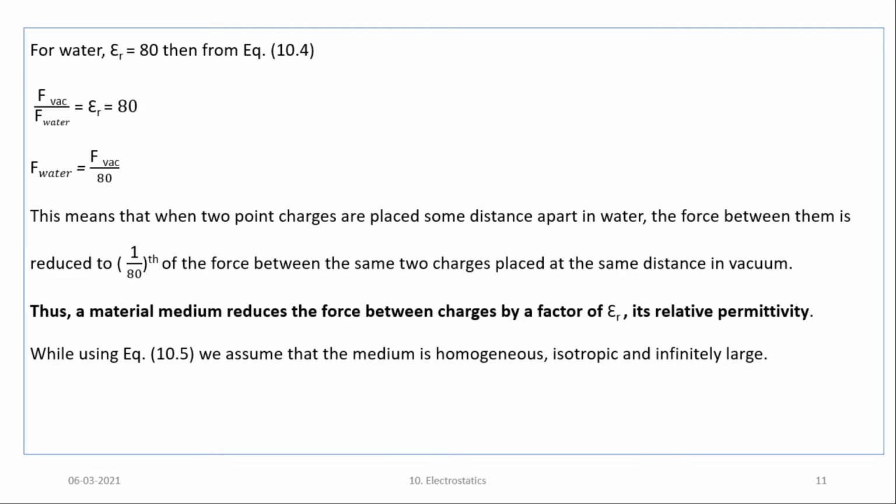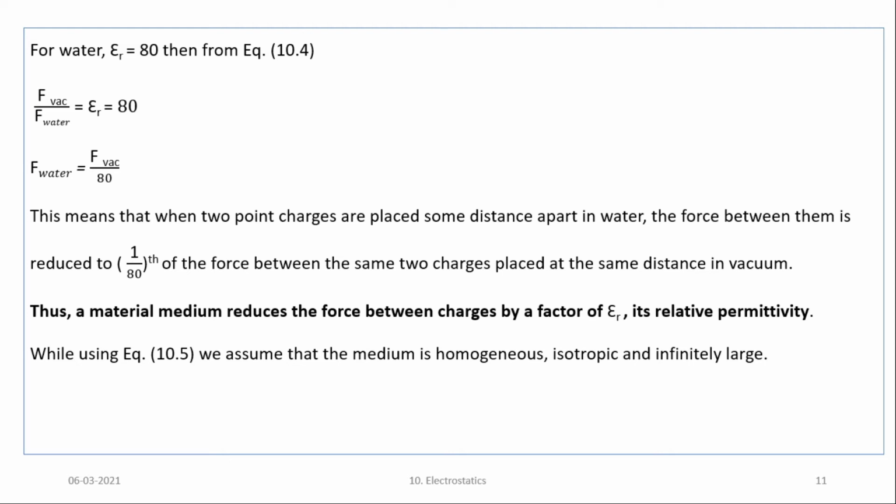For water, the relative permittivity epsilon r is 80. Then we get the formula F vacuum divided by F water is equal to epsilon r, which is equal to 80. So we can write this equation as F water equal to F vacuum divided by 80. That is, the interactive force in water is 1/80th of the interactive force in vacuum.